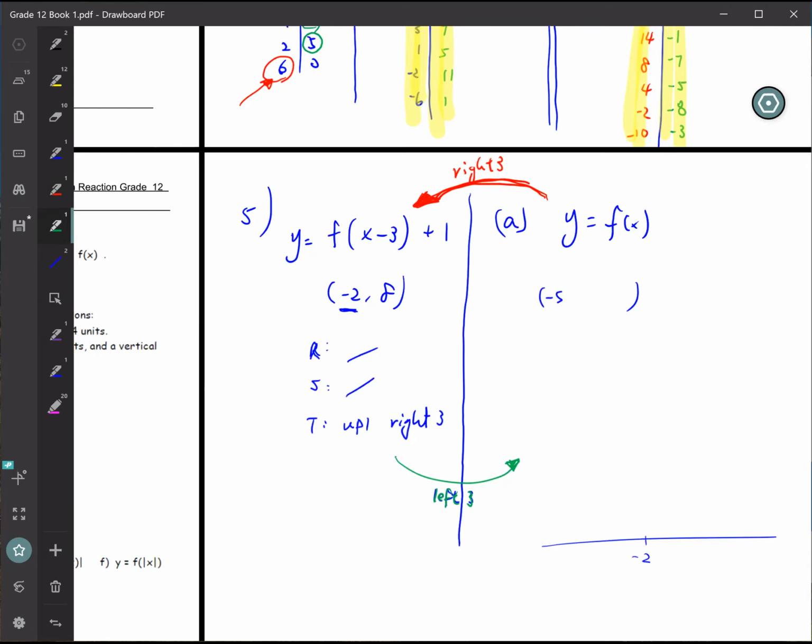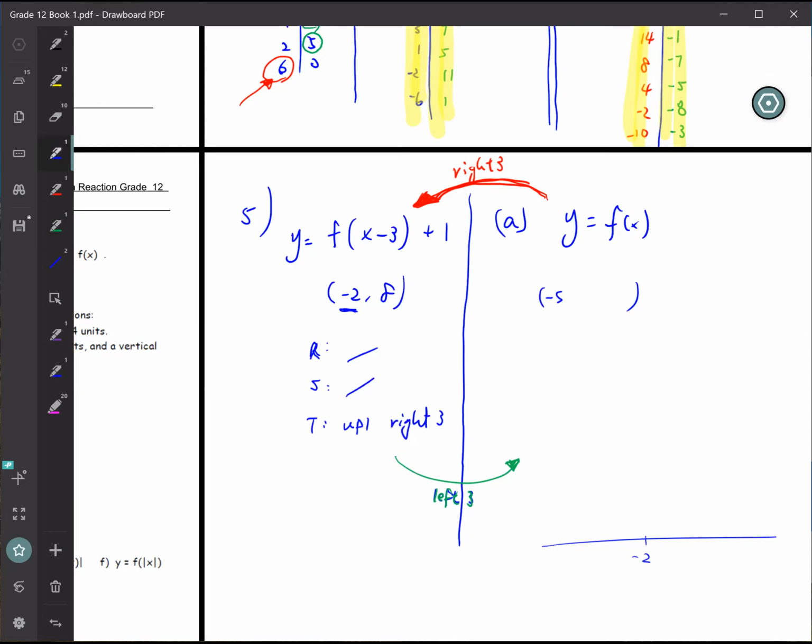Okay, because they give you something that's already happened, right? Already has some story. You want to go backwards. Okay, and then instead of moving up 1, we want to do the opposite, rewind, right? It's like rewinding your video. So up 1, the opposite is down 1. So where is the y value now, Brandon?